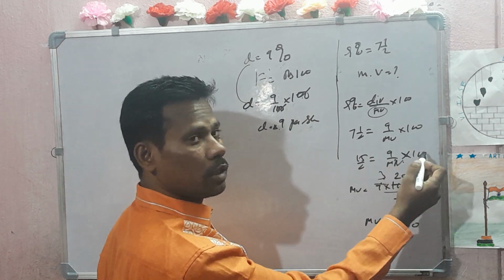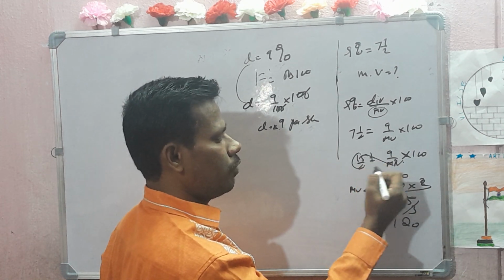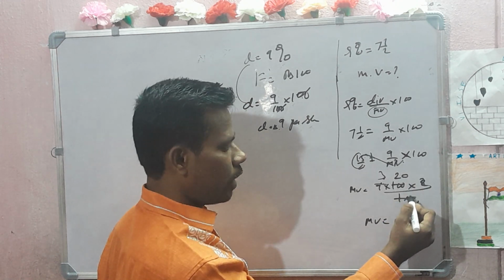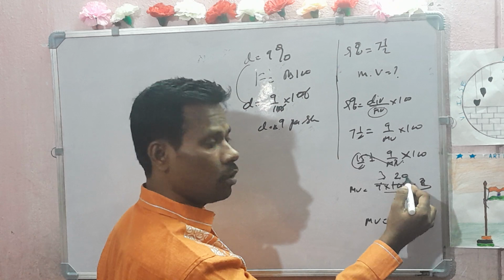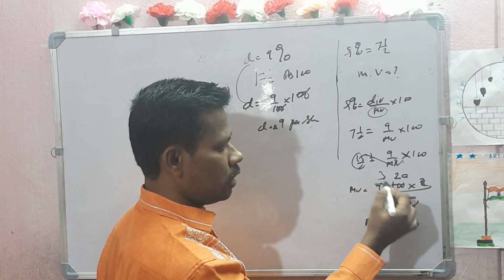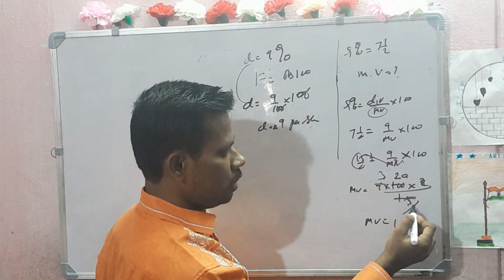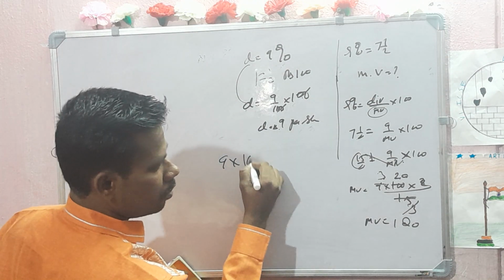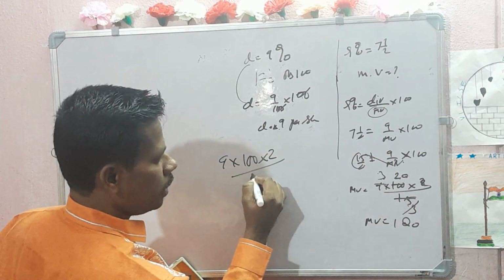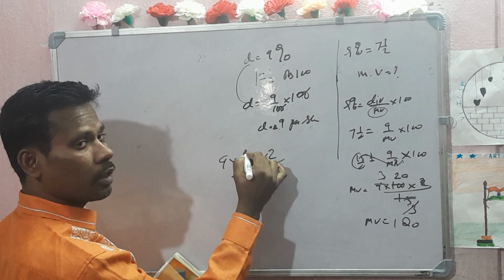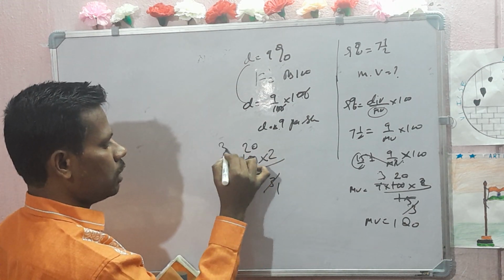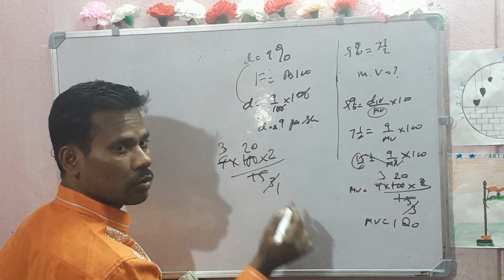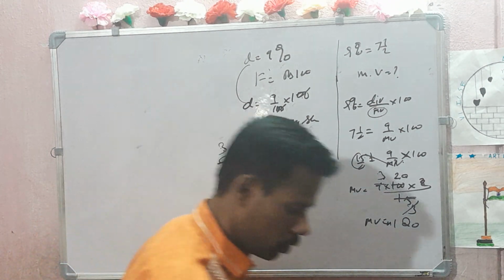So this you bring here, 15 by 2 becomes 2 by 15. 5 3s are 15, 5 2s are 10, 0. Next, this and this will go. 3 3s are 9. 9 into 100 into 2 by 15. 3 1s are 3, 3 3s are 9. 2 3s are 6, 6 2s are 12. 120. Market value is 120.